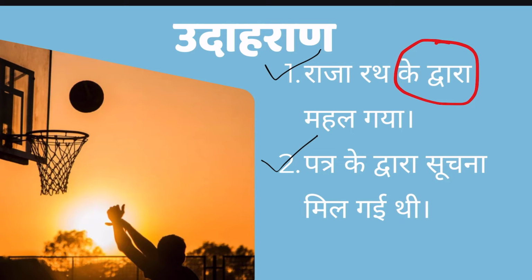One more example. पत्र के द्वारा सूचना मिल गई थी. I received the message by the letter. By the letter. पत्र के द्वारा. The king is completing the action by rath, royal cart. रथ के द्वारा.